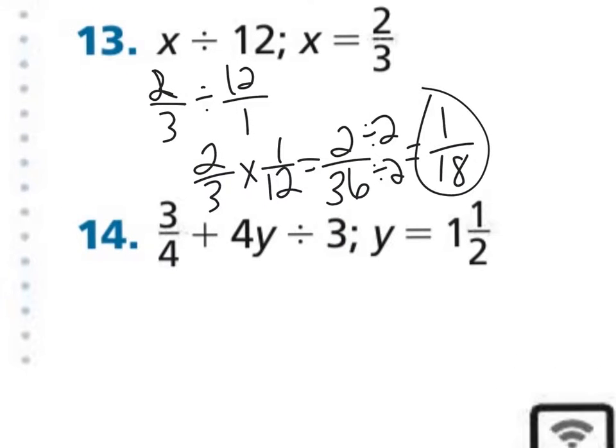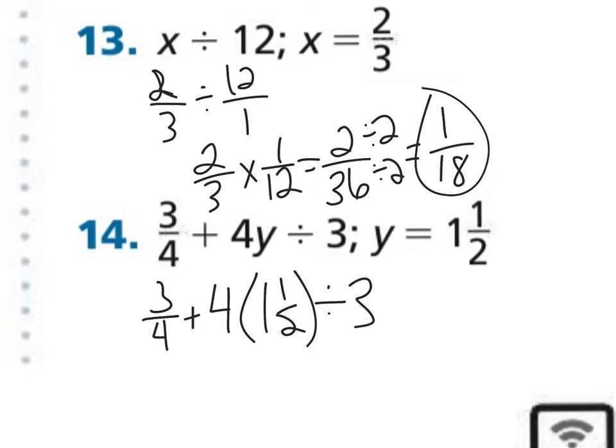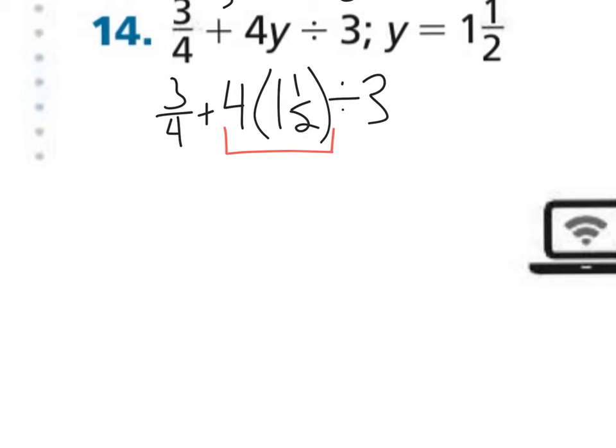And finally, number 14. Y is equal to 1 1/2. On this problem, first thing would be to multiply 4 times 1 1/2. In order to do that, we're going to have to change the 1 1/2 to an improper fraction, which is 3/2.